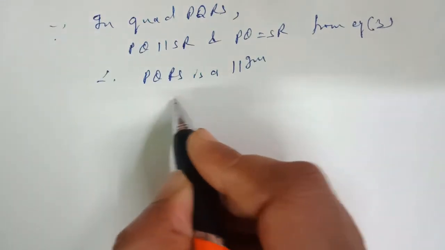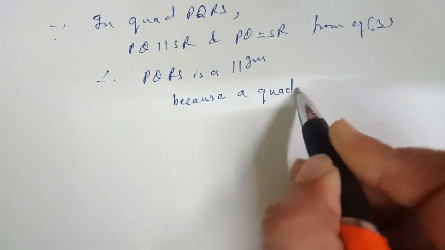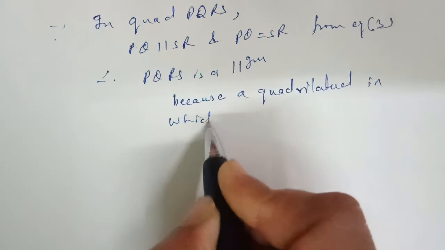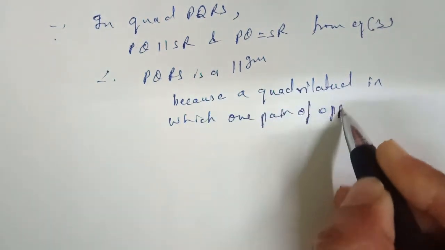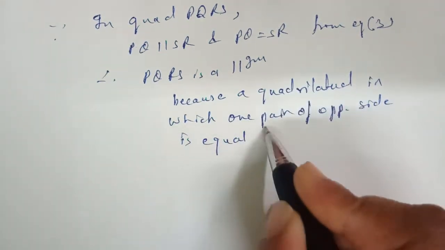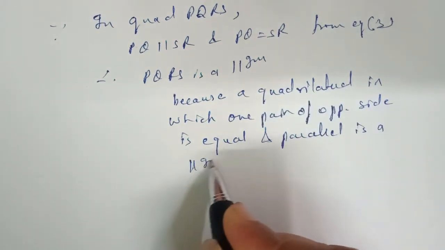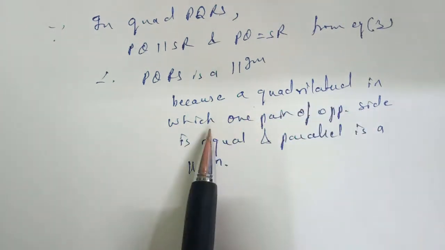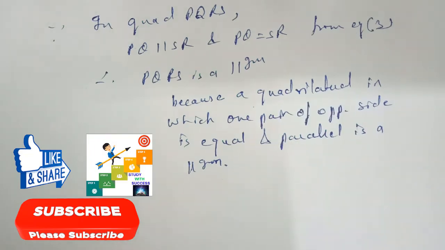We have to give the reason because a quadrilateral in which one pair of opposite sides is equal and parallel is a parallelogram. Again, what is the reason? Because a quadrilateral in which one pair of opposite sides is equal and parallel is a parallelogram. Thank you.